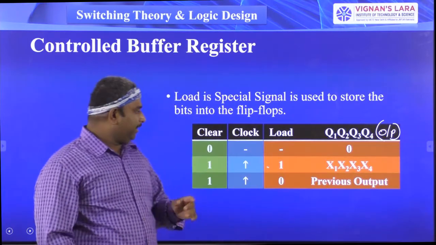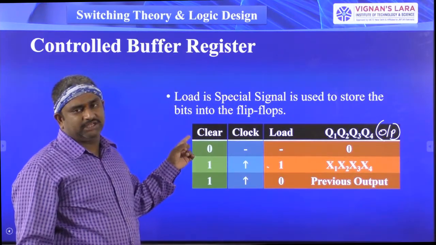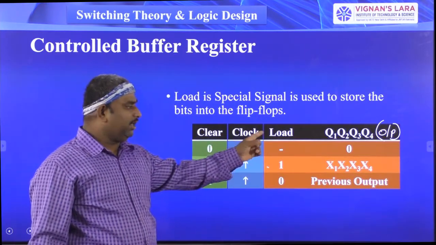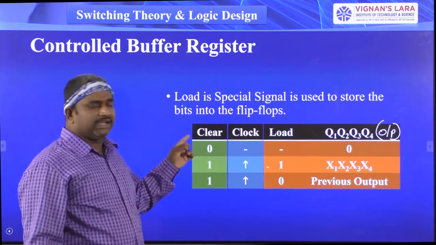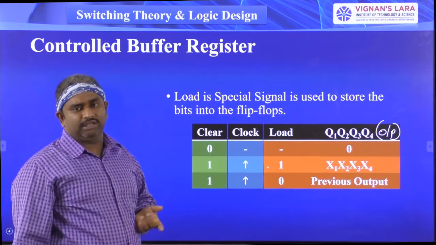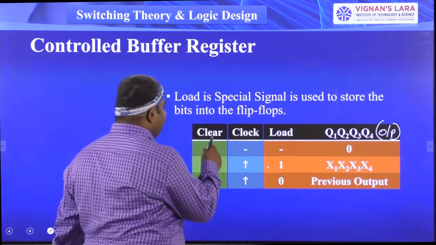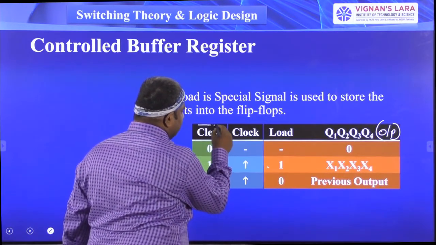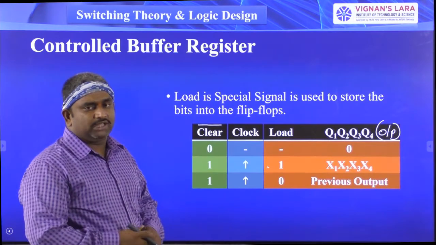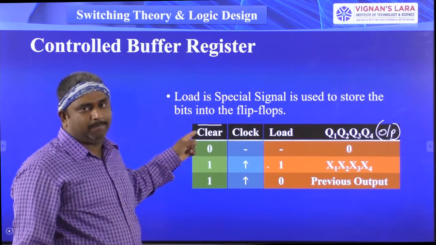Now coming to the operation, here we have a clear signal, a clock signal and a load signal. The clear signal is an active low signal, so we represent it with clear bar.